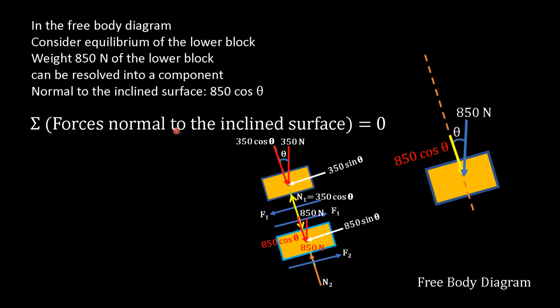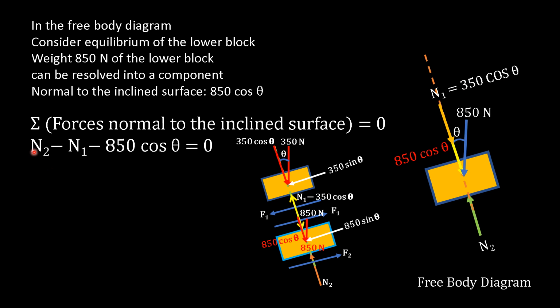Summation of forces normal to the inclined surface equals 0. So, N2, normal reaction on the lower block, is acting upwards. Normal reaction N1 from the upper block on the lower block, N1 equals 350 cos theta, acting downwards. So N2 minus N1 minus 850 cos theta equals 0.